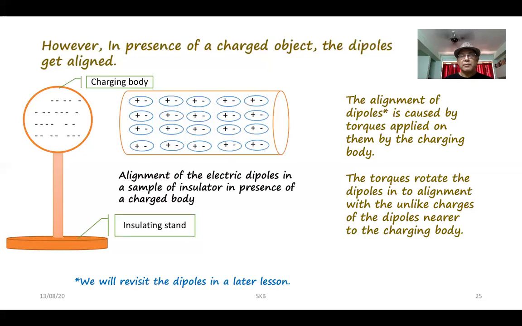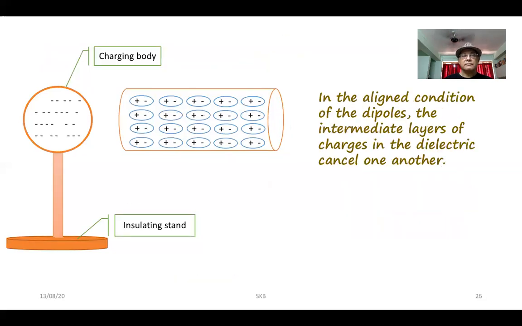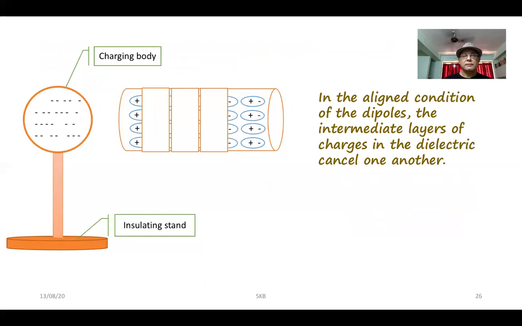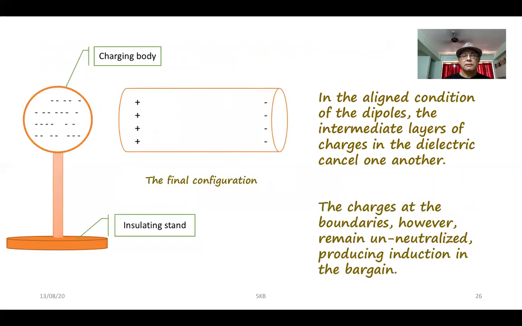We'll revisit the dipoles in a later lesson. In the aligned condition of the dipoles, the intermediate layers of charges in the dielectric cancel one another, like this. The charges at the boundaries, however, remain unneutralized, producing induction in the dielectric.